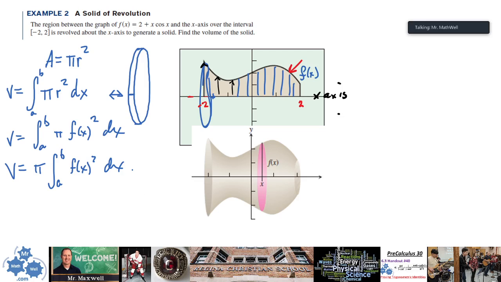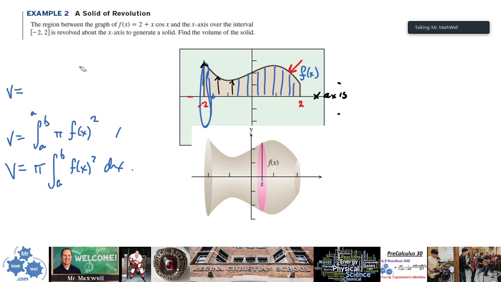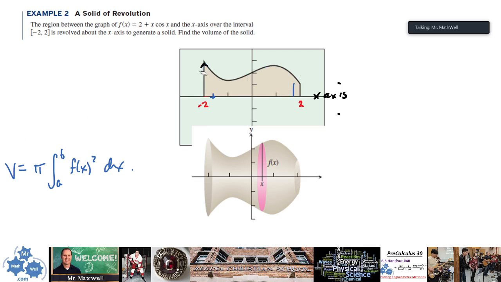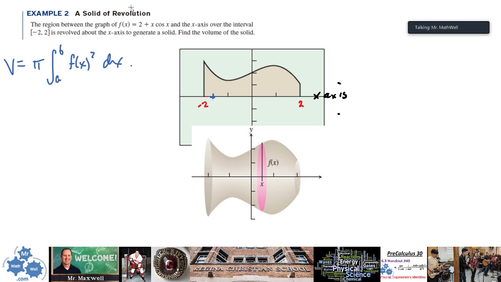Now, if we're taking a look at this example right here, I'm going to just erase some of this stuff that I did here, okay? So hopefully you have that copied down. I'm going to make some room here, and we're going to take a look at this exact example, and we're going to find the volume of this solid of revolution from -2 to 2. So a is going to be -2, b is going to be +2, and the function is given up here, okay?